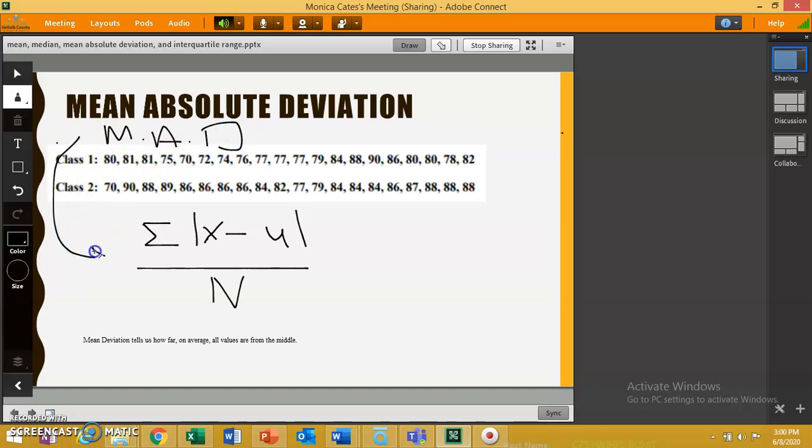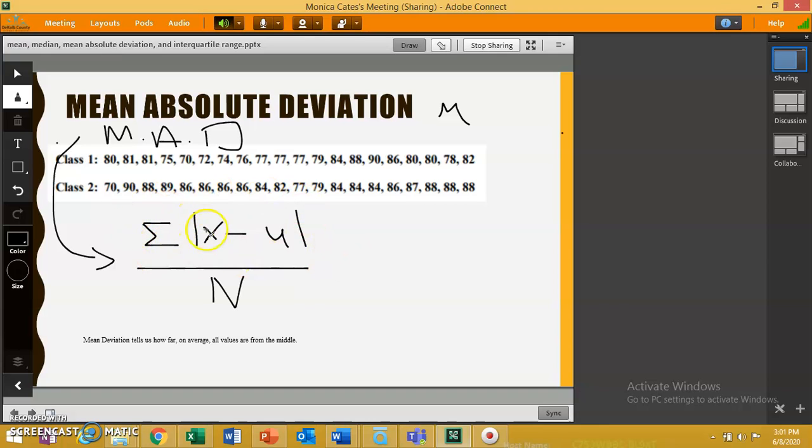The formula here is the sum of each value. So this X represents each value, and this is supposed to be my symbol for mean. It might not look like an actual sigma, but that's what it should look like. You subtract each value from the mean, take the absolute value, and sum those up.